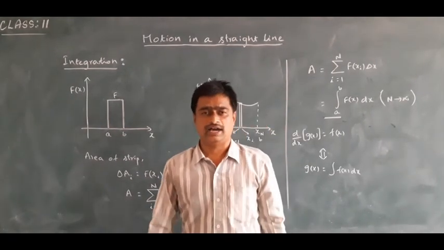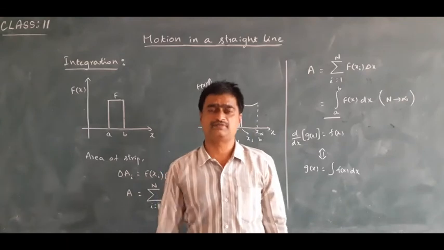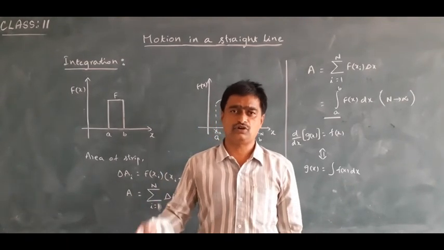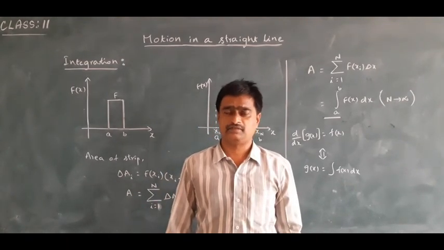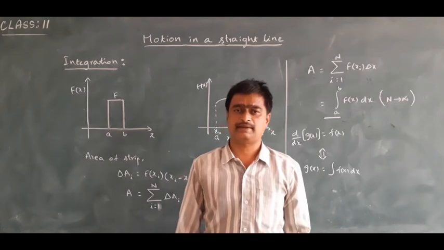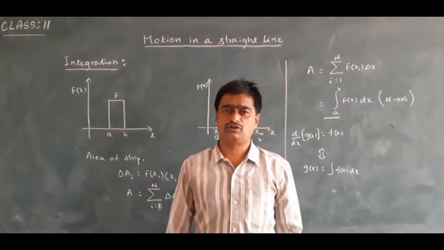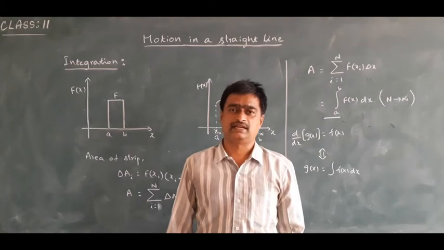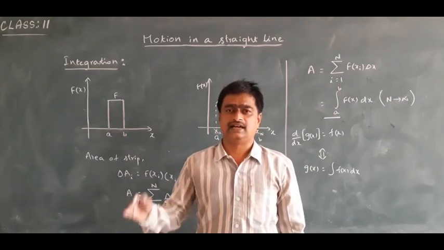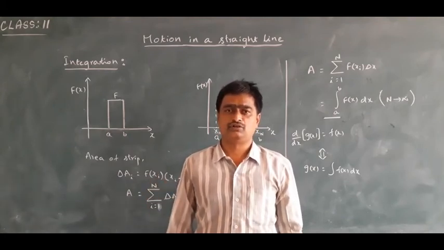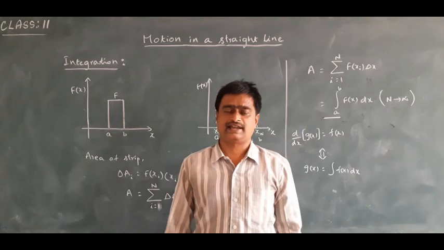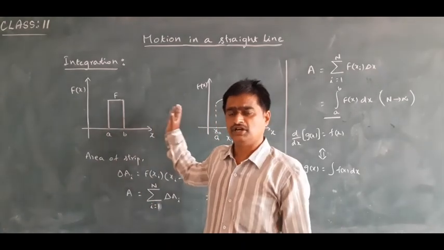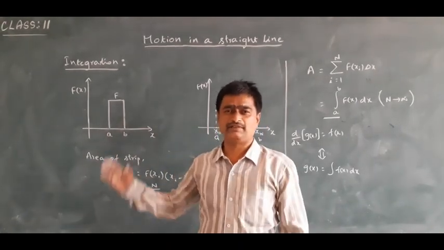I think we know all the basic formulas: v squared is equal to v naught squared plus 2as, v is equal to v naught plus at, and x is equal to v naught t plus half a t squared.